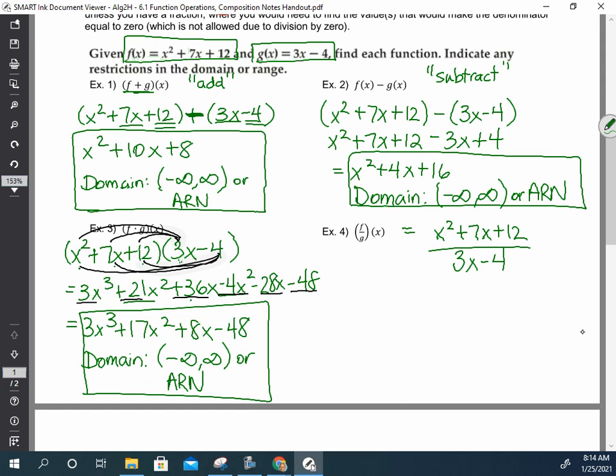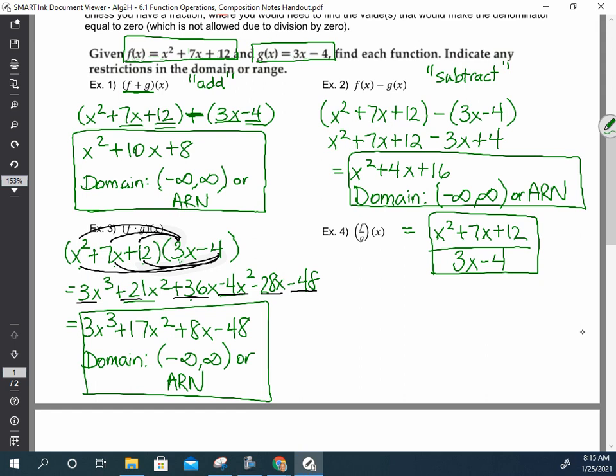From a setup standpoint, that's it. Now, unless they tell us to do synthetic division or long division, you're not going to do it. So there's your answer, but now we have to deal with the domain.